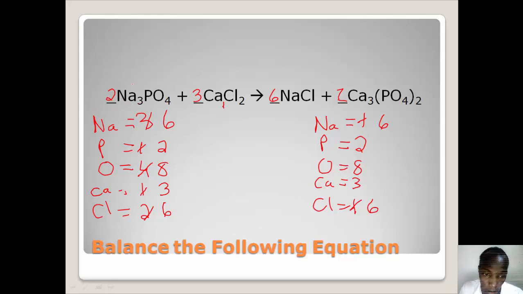Making sure you have the same number on this side as you do on this side, no matter where it's at, as long as it has the same number on each side, so that it's perfectly balanced. So that all the elements are equal on the same side. So we got reactants and products, and they're equal.